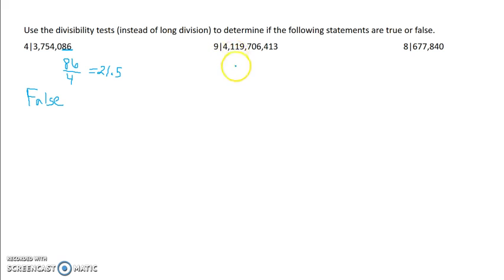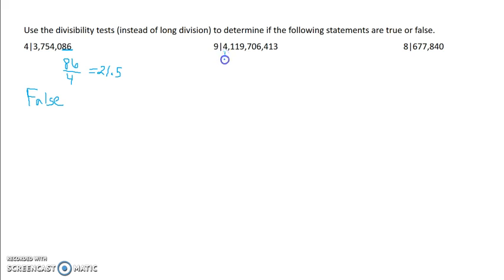Will 9 go into 4,119,706,413? Well, let's see. For 9, what we need to do is add up all the digits, and if the sum of the digits is divisible by 9, so is the number.